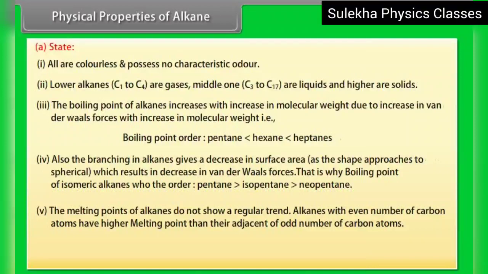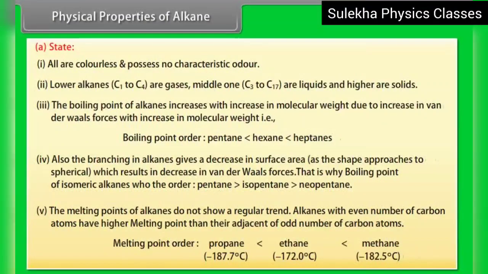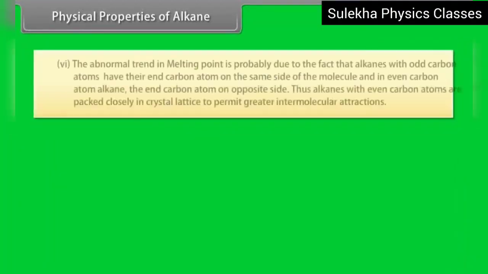Number 5. The melting points of alkanes do not show a regular trend. Alkanes with an even number of carbon atoms have higher melting points than their adjacent odd-numbered alkanes. Melting point order is propane is less than ethane is less than methane. Number 6.